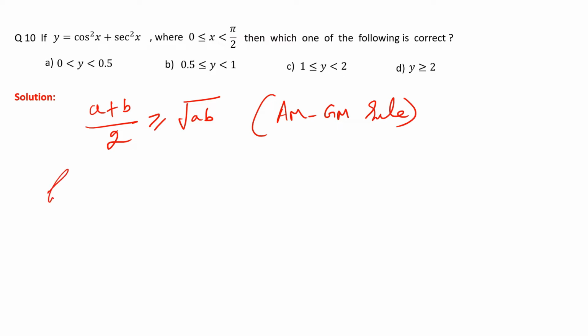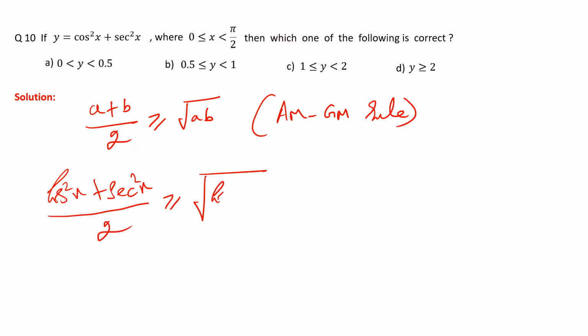Now, according to this rule, cos square x plus secant square x whole divided by 2 will be greater than or equal to under root of cos square x into secant square x. Now we know that both cos and secant are reciprocals of each other. Therefore, cos square x into secant square x becomes 1 only.